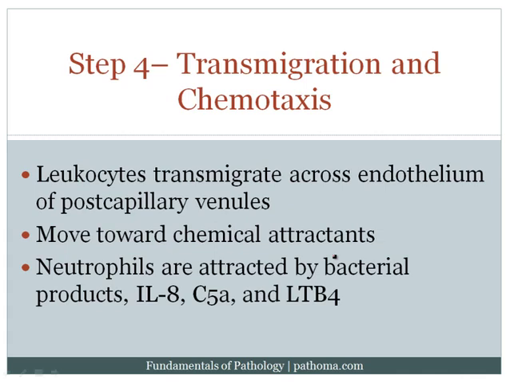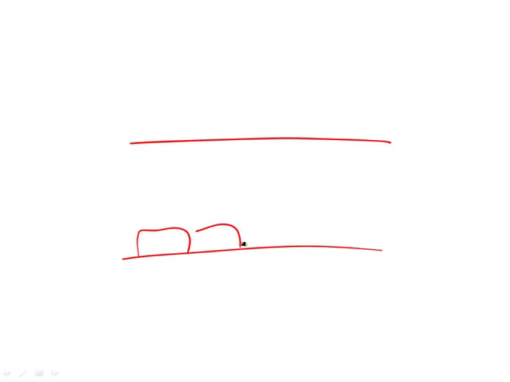and therefore can't produce proper leukocyte adhesion. So let's go on to the next step in the arrival of neutrophils, and that is transmigration and chemotaxis. If this is the blood vessel, lined by endothelium, and we've got this neutrophil that is adhered here and stuck, the next step is to bring this neutrophil across the blood vessel.